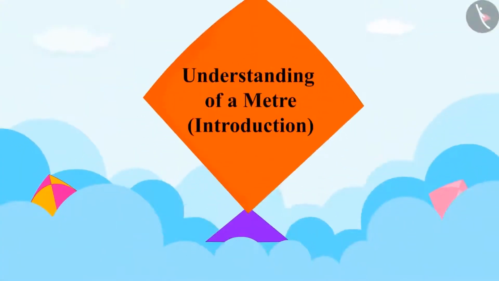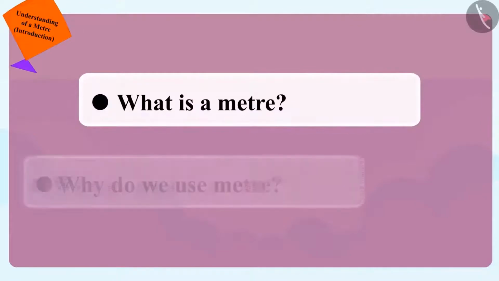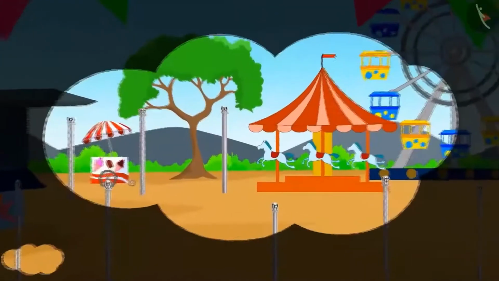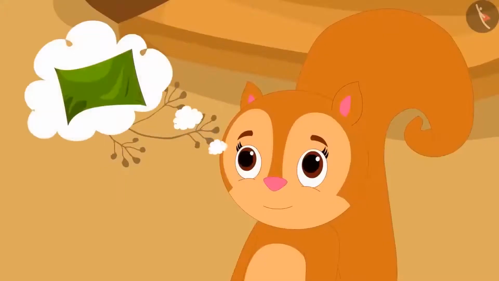Children, in this video, we will learn about what is a meter and why do we use a meter. Curtains are going to be hung at various places at the fair in Champapur. Chanda has got the task of making those curtains.